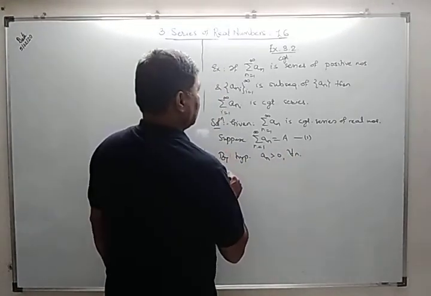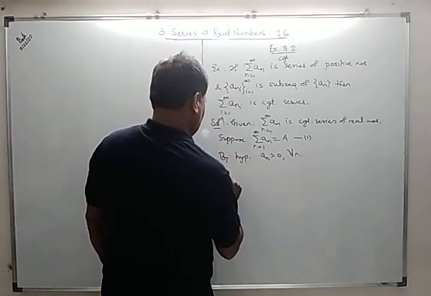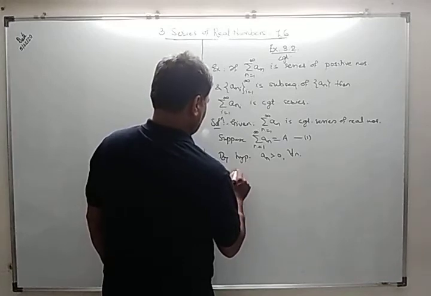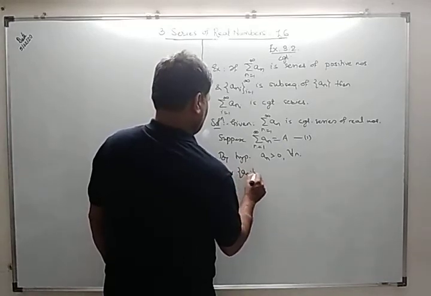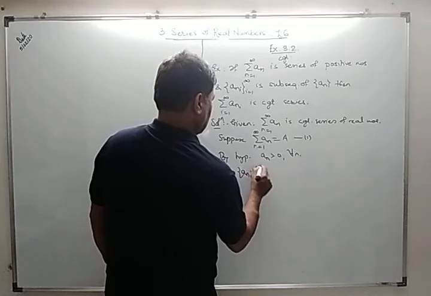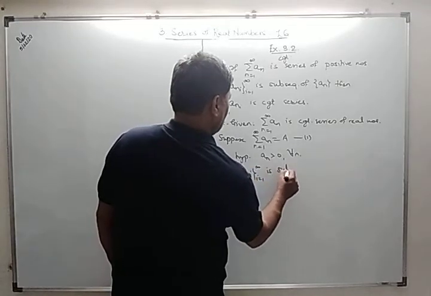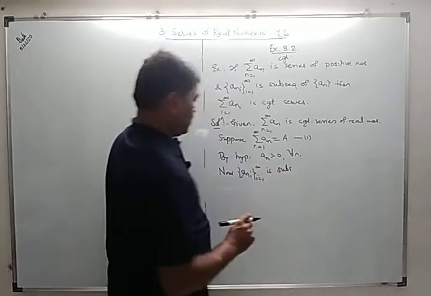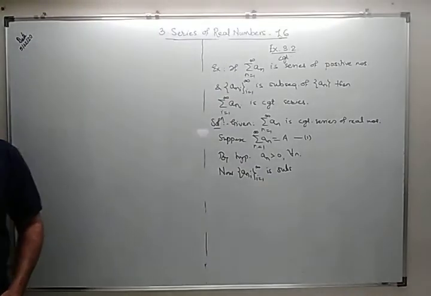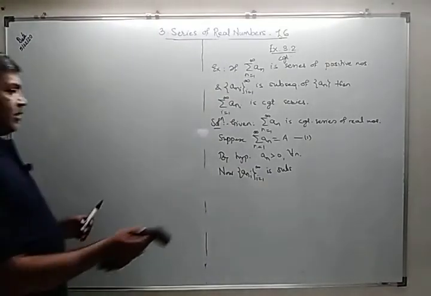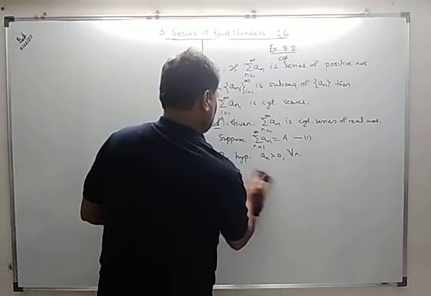Now n_i is a subsequence of n, so a_{n_i}'s are greater than 0.